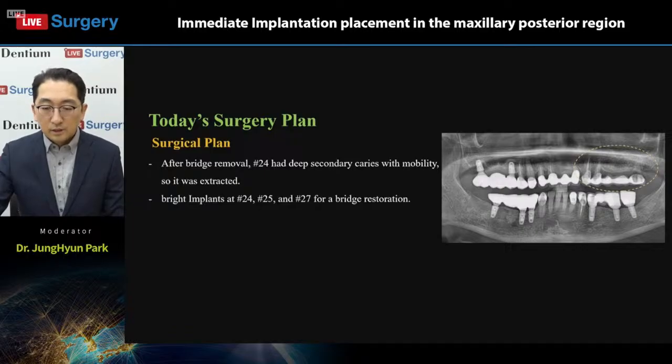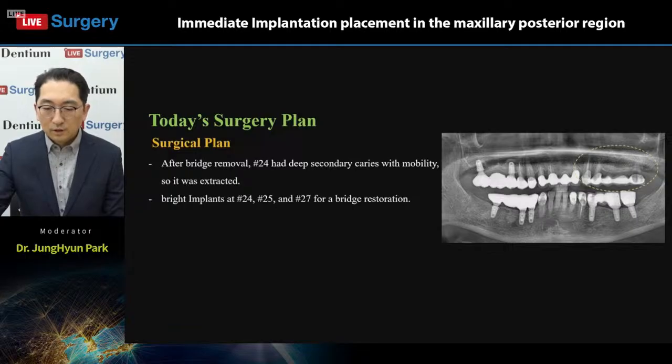On the X-ray, we can see severe secondary caries on the upper left second molar, and extraction was planned. But from the X-ray and intraoral examination, it was difficult to determine the exact treatment method for the upper left first premolar.